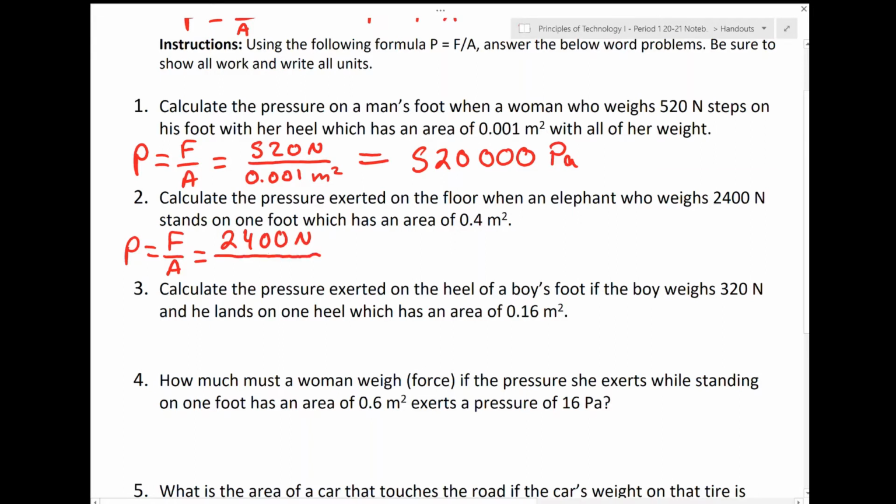The area of the elephant's foot is 4/10ths, so 0.4 square meters. 2400 divided by 0.4 should give you 6,000. Again, a newton per square meter is called a Pascal.